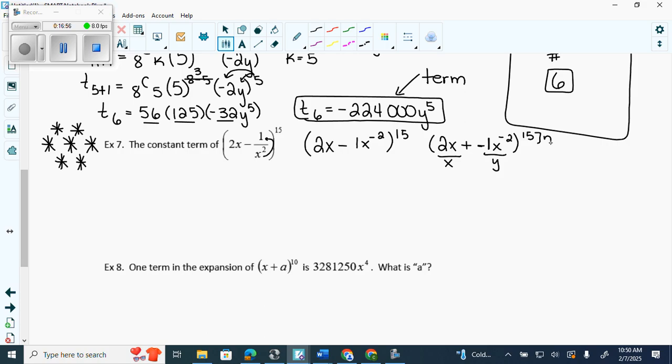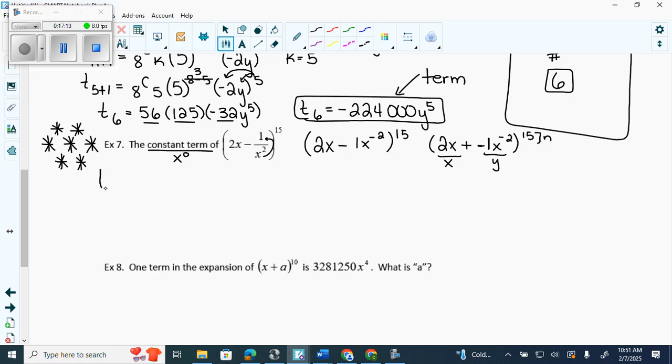So let's fill in our formula. What we do not know is k. So if we don't know k, we can leave it as a k. And when I see constant term, guys, I know I'm going to need an x to the 0 in the end. So I'm just going to leave that sit there to remind myself of that.